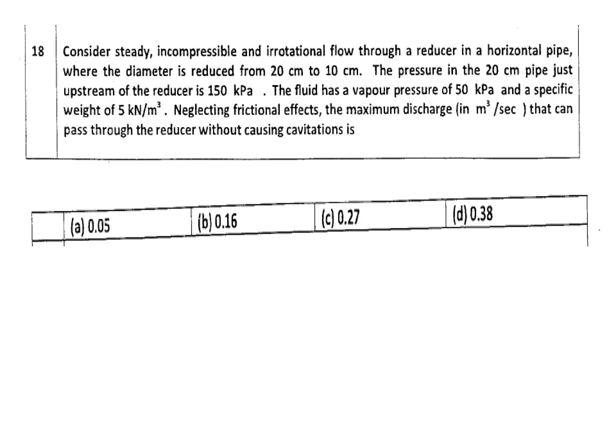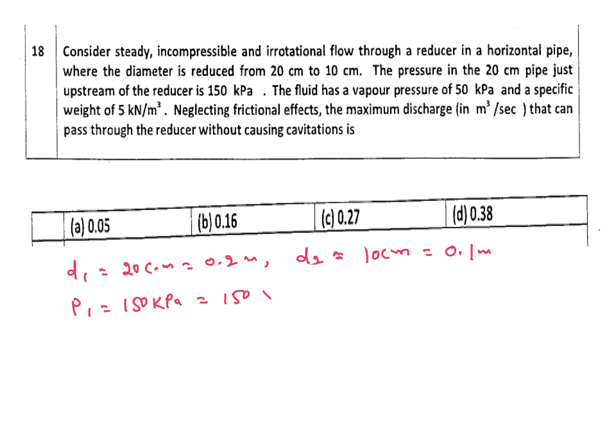So the data given are D1 equal to 20 cm, 0.2 meter, diameter at 2 is 10 cm equal to 0.1 meter, P1 given 150 kilopascal, 150 into 10 to the power 3 Newton per meter square.